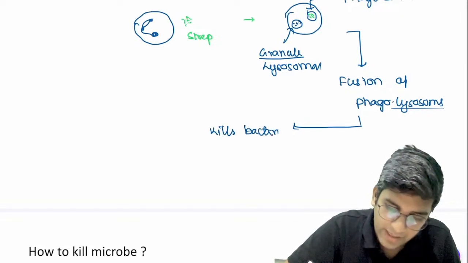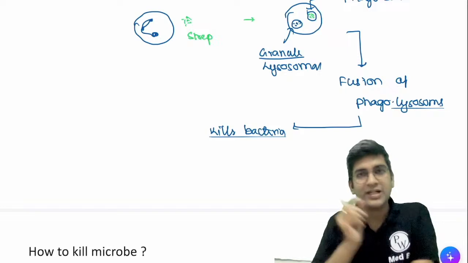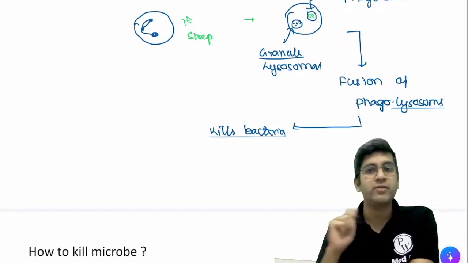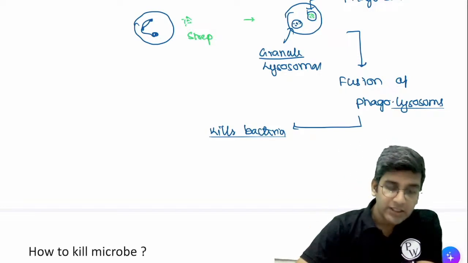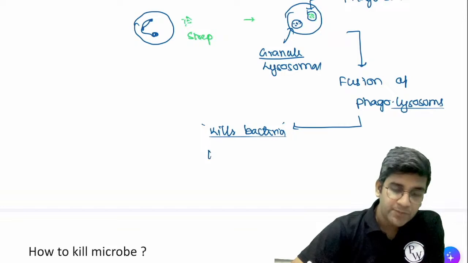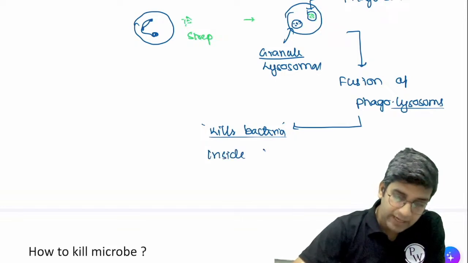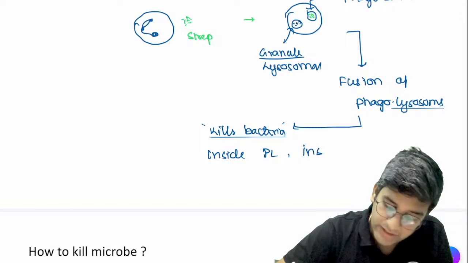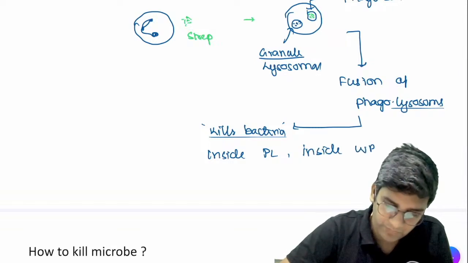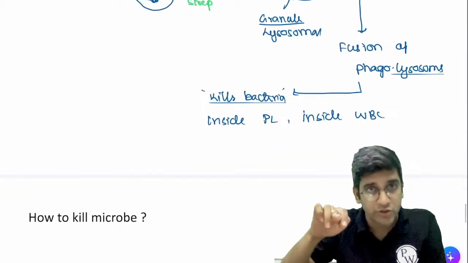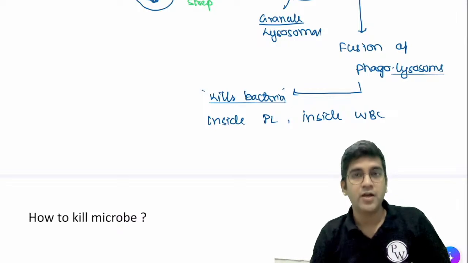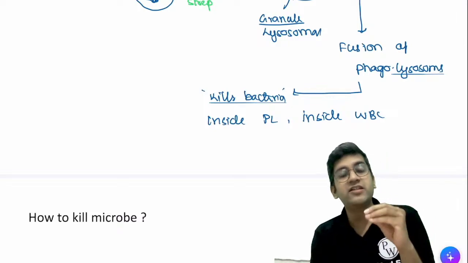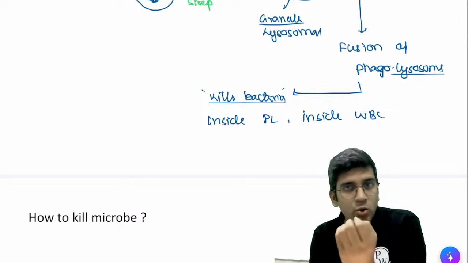Now I'm going to ask you a very simple question to understand why acute is so different from chronic inflammation. Here, the killing of bacteria happens inside the, I'm writing PL for phagolysosome, which is inside the WBC. So now free radicals are released in a very covered, very controlled environment.